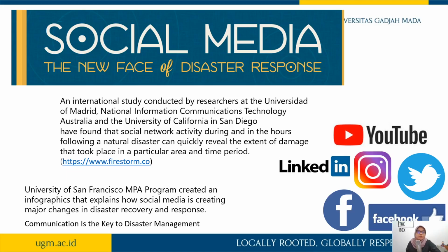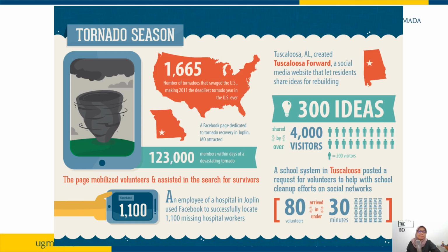This is one part of the infographic from the University of San Francisco MPA program, showing the role social media took in the tornado season in the US. 2011 was marked as the deadliest tornado year in the US ever because there were more than 1,000 tornadoes.